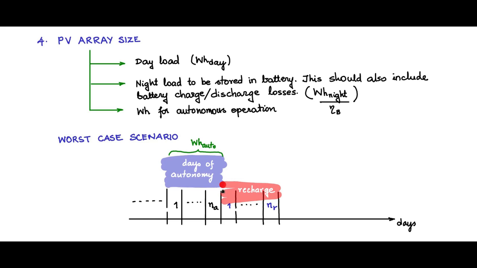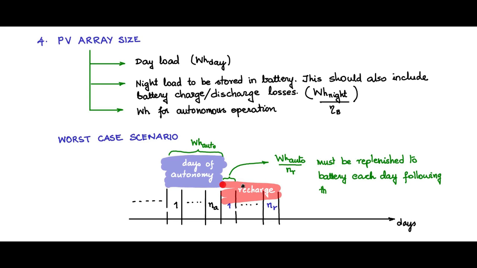So on each day the PV array has to supply an extra amount of WH auto by NR. So this it has to do for NR number of days, then all this energy lost would have been recuperated. So this WH auto by NR has to be replenished to the battery each day following the days of autonomy.